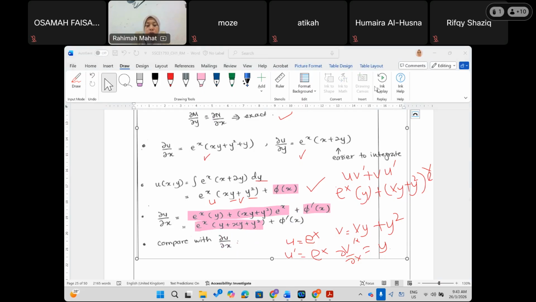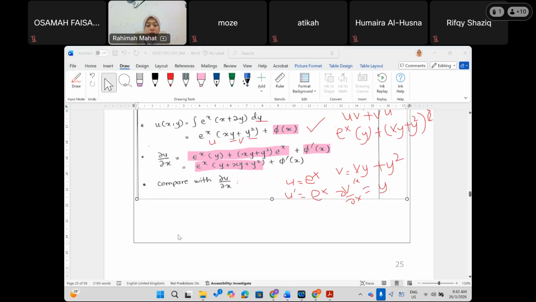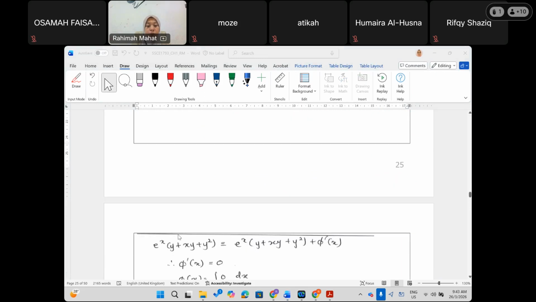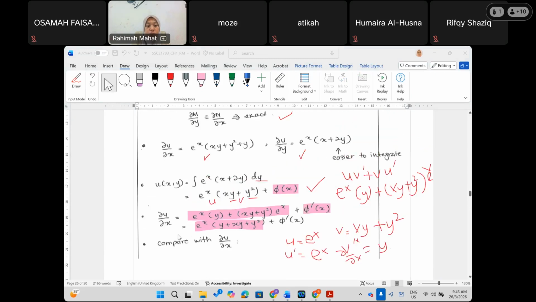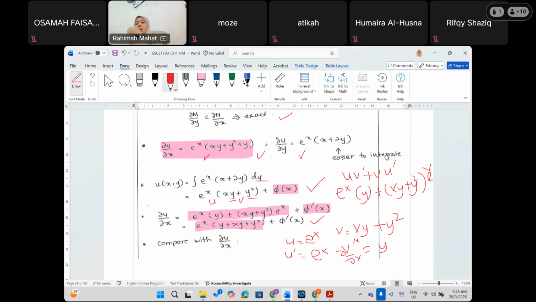And you compare your delta u over delta x with the upper part here. You already get your du over dx. So you compare what you get from this one, phi prime, with the upper part here, delta u over delta x.